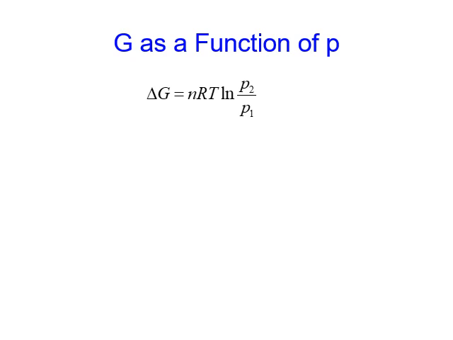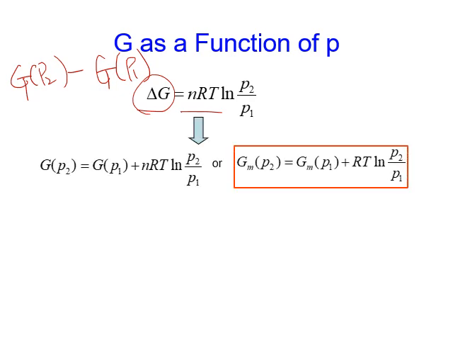To calculate the Gibbs energy change due to pressure change for the gas phase, we use nRT ln P2 over P1. Delta G is the Gibbs energy change from P1 to P2, so it is G at P2 minus G at P1. We can modify this equation: Gibbs energy at P2 equals Gibbs energy at P1 plus nRT ln P2 over P1.